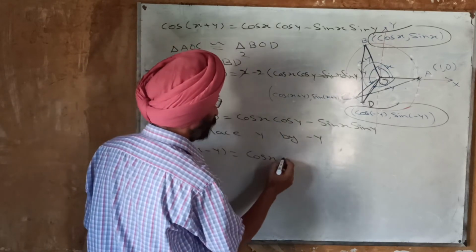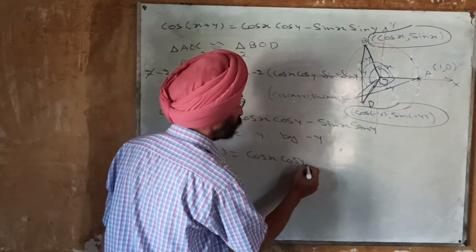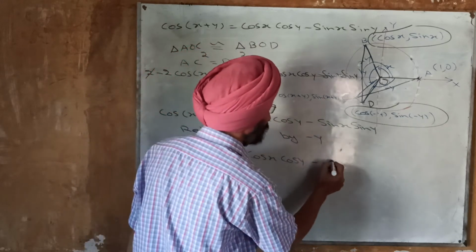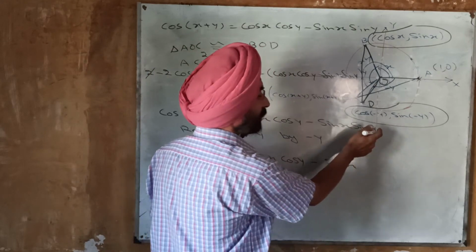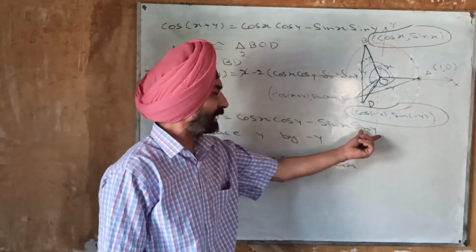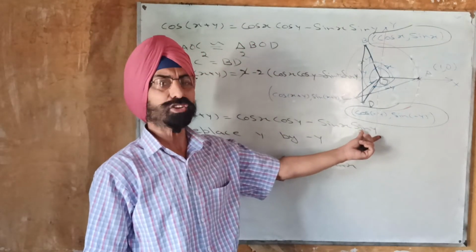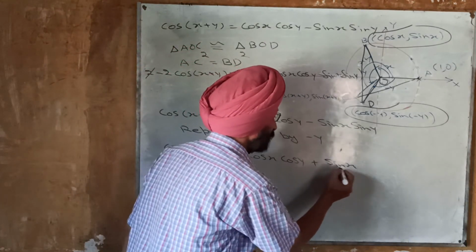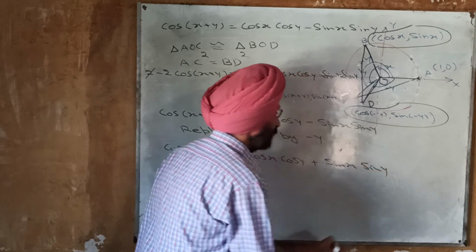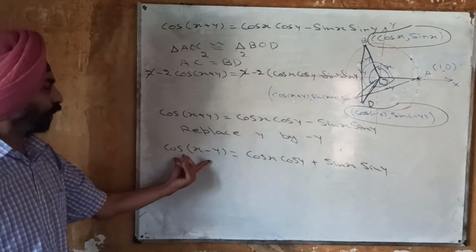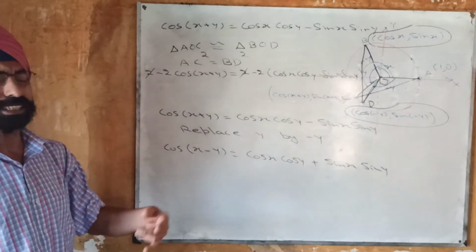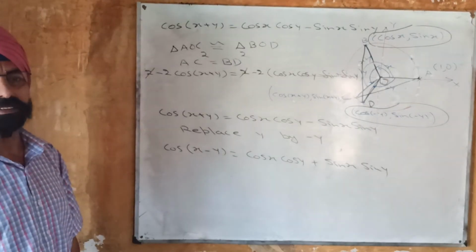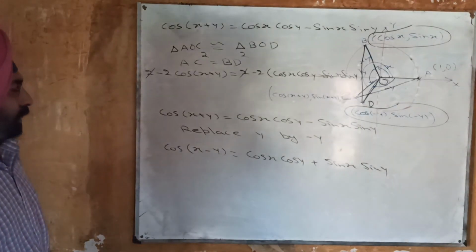You know that cos of minus y is also equal to cos y. So it is cos y minus sin x, and here you replace y by minus y, you will get sin of minus y. But sin of minus y is minus sin y, so the sign changes here and you get sin y. So this is the second formula, that is cos(x minus y) is equal to cos x cos y plus sin x sin y.